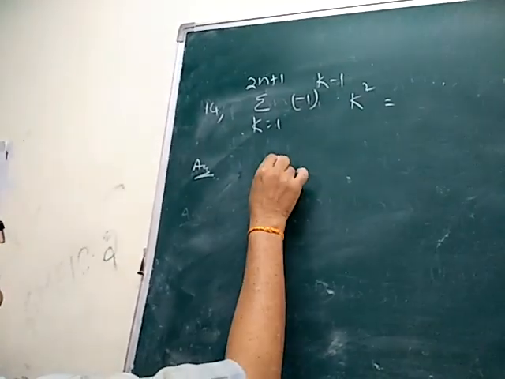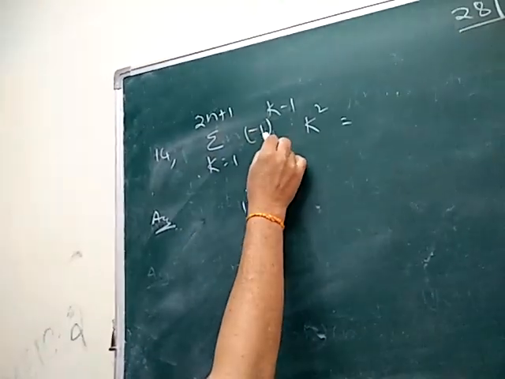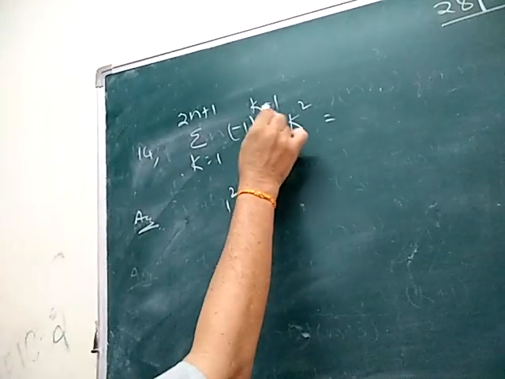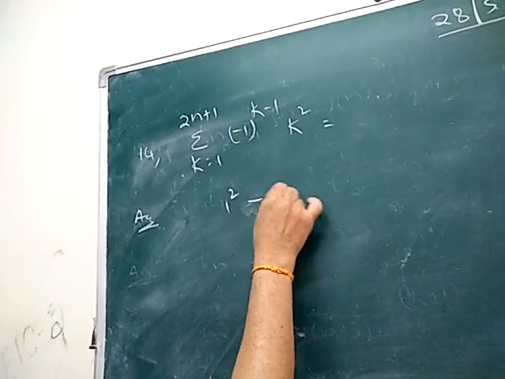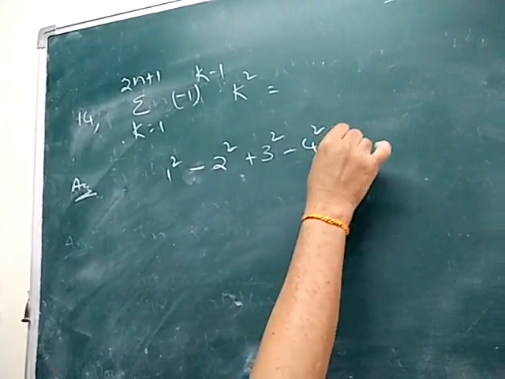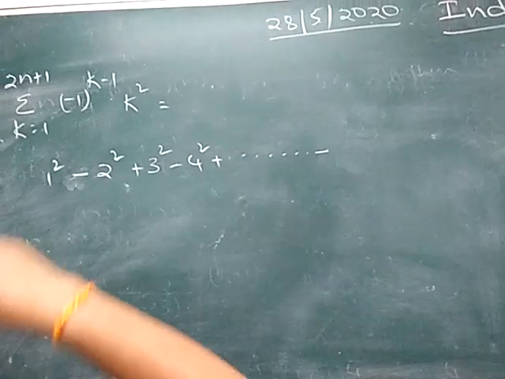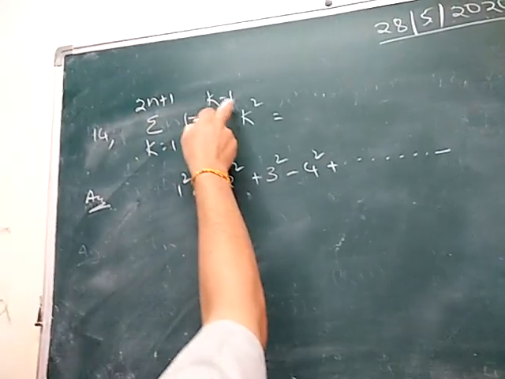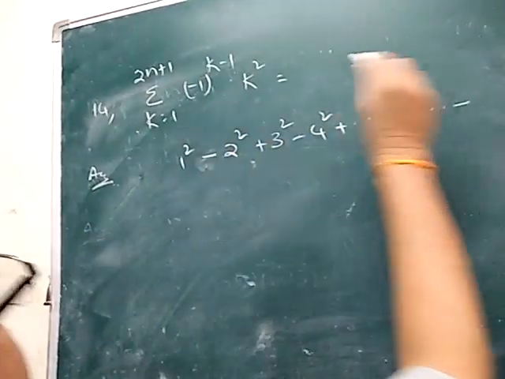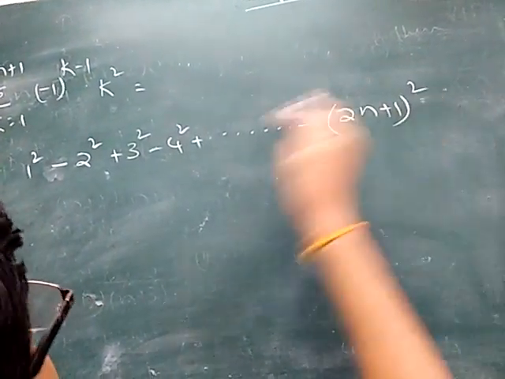So it is 1 square plus when k is equal to 2, 2 minus 1 is 1, minus 2 square plus 3 square minus 4 square plus so on, minus 1 to the power of 2n plus 1 is 2n. That is 2n plus 1 whole square.